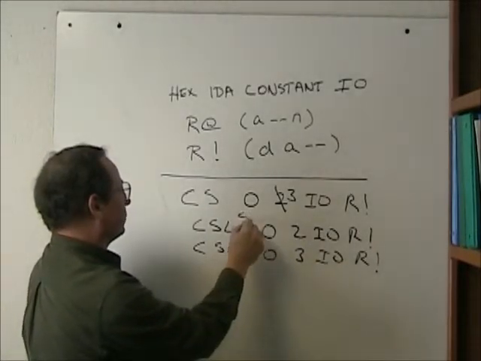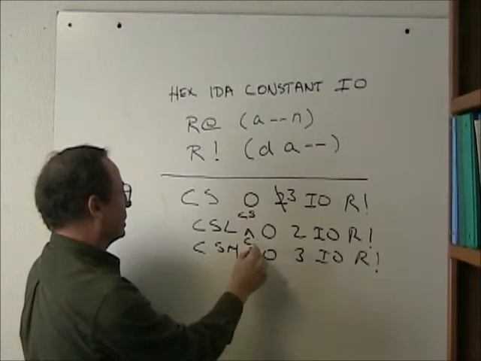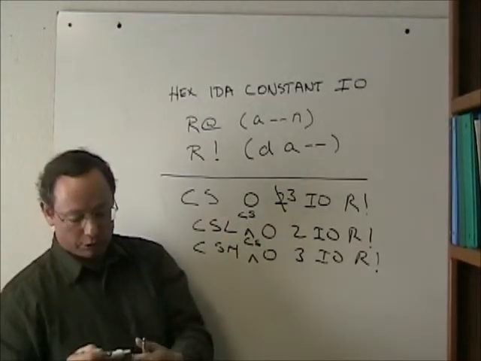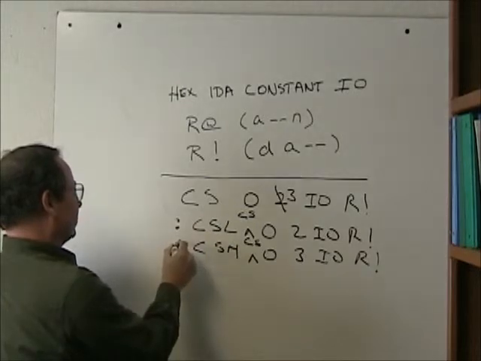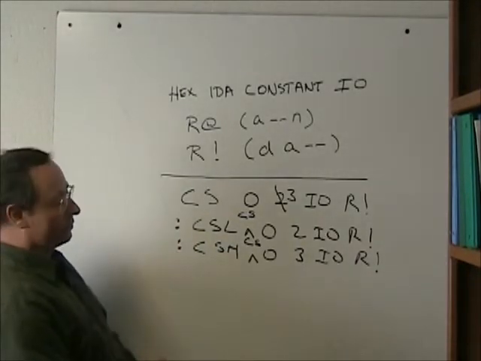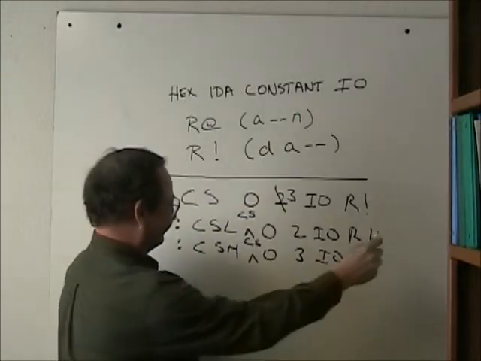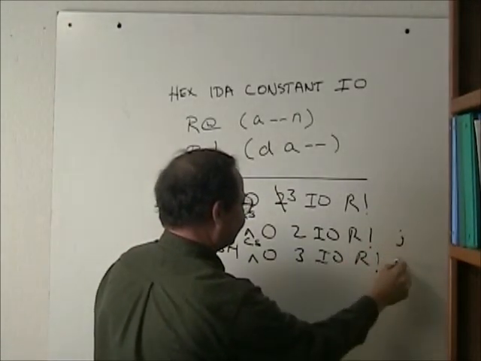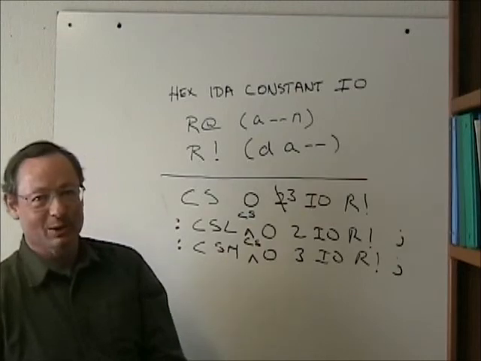And I've left off the path setup, which should be chip select. And of course, if we're defining it, we say a colon at the start, and a semicolon at the end.